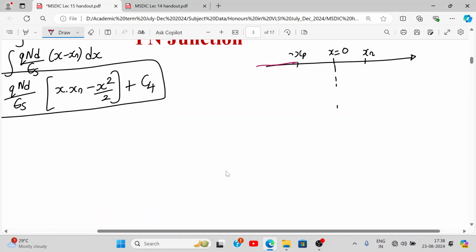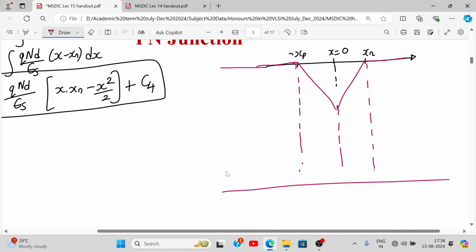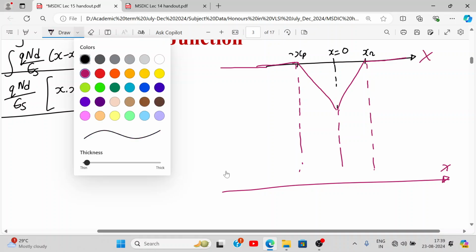Here it is 0. Yes or no? This is the neutral regions, which I am not showing. Now, if I extend it down and I plot the potential, how will the potential be? Integration of this also. So you will get entire potential. This is distance x. So how is the diagram?